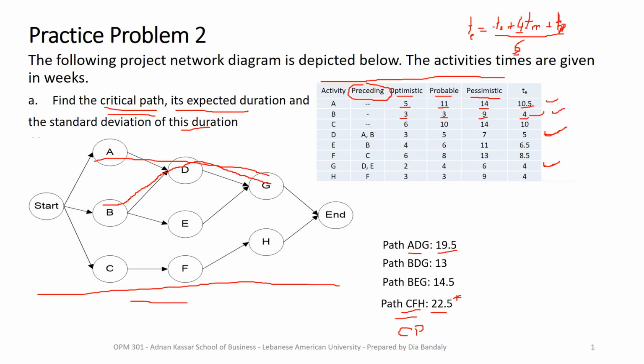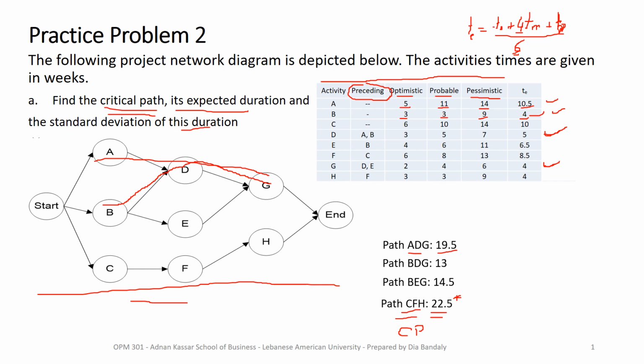So we found it, but we also want to find the standard deviation for reasons that we explained, and you are going to see next why we want it. How can I find the standard deviation for the path? As we learned, we do not sum up the standard deviations of the activities in that path, but we sum up the variances of the activities in that path.